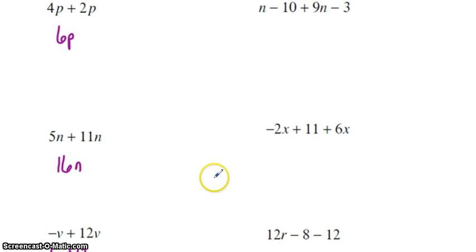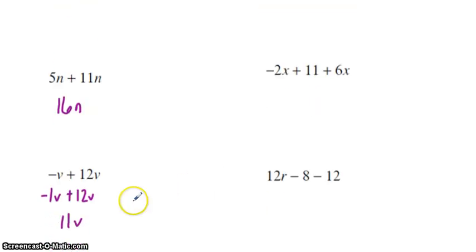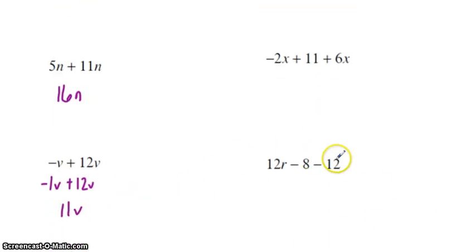All right, back up here to the top. Actually, let's go over to this side, and we'll go back up the other side. In this expression, we have 12r minus 8 minus 12. I don't have any more terms with groups of r, so 12r is already simplified, but I do have other terms with no variables.